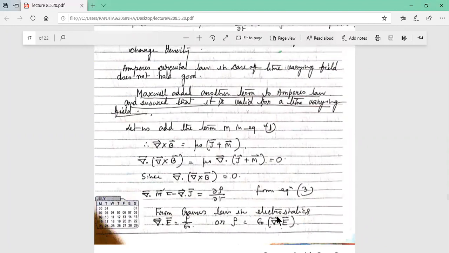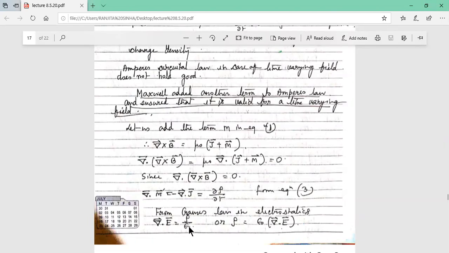Now from Gauss law in electrostatics, Gauss law has two forms, which I proved yesterday. The integral form is the integration of E dot ds equal to q by epsilon 0, and the differential form is divergence of E equal to rho by epsilon 0.